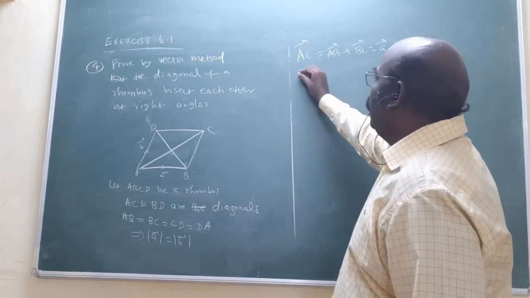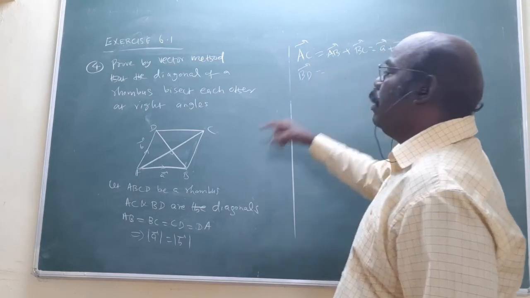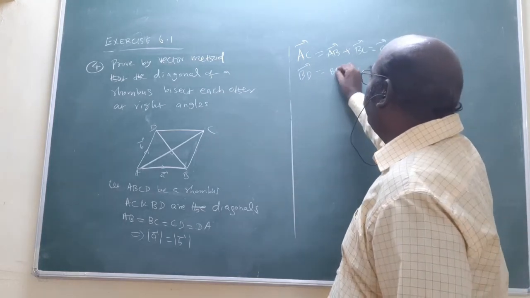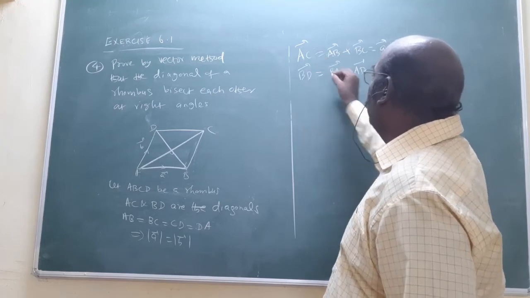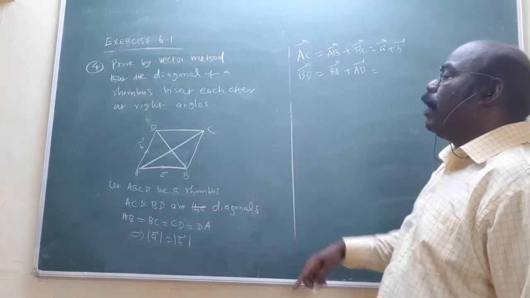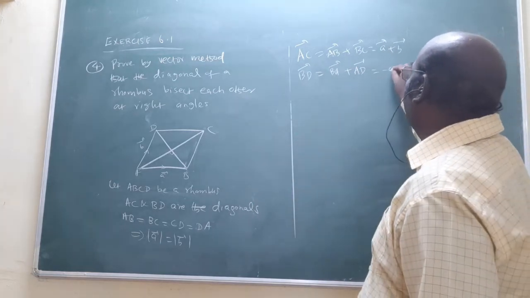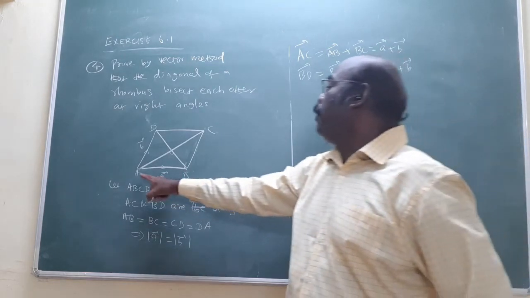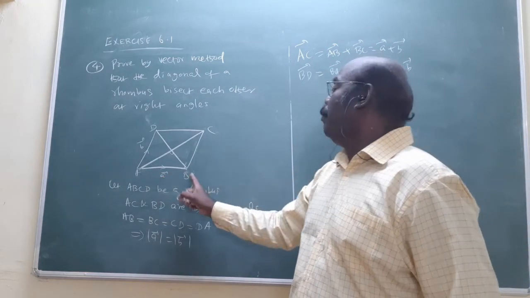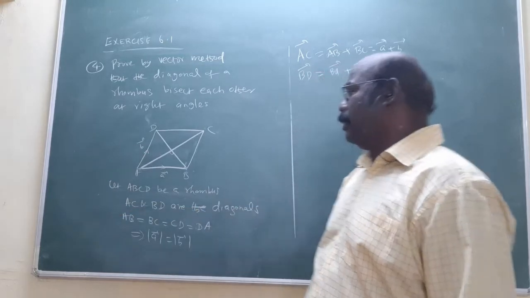Then BD vector equals BA vector plus AD vector. BA vector equals what? Minus a vector plus b vector. AB vector is a vector, BA vector means opposite, so minus a.